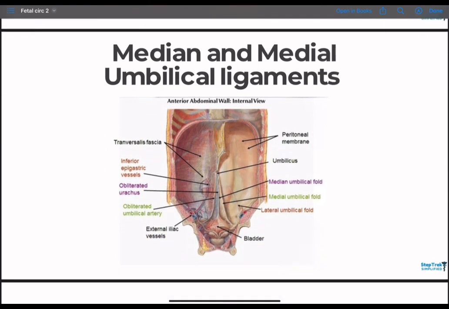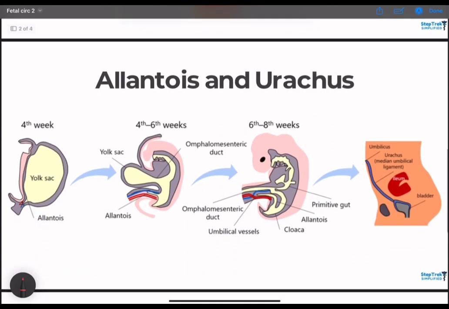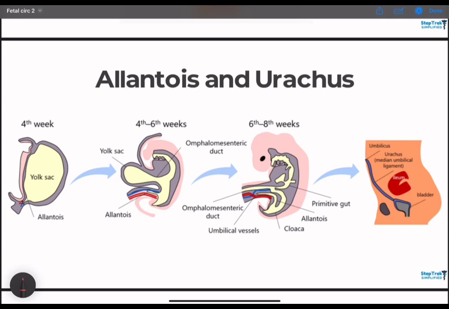If I give another view, this is the frontal view. This is median umbilical fold formed by median umbilical ligament, and these are two medial umbilical folds formed by medial umbilical ligaments. At last we have allantois and urachus. Now what is allantois?